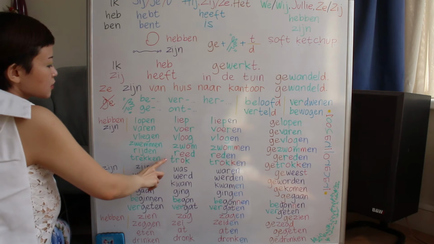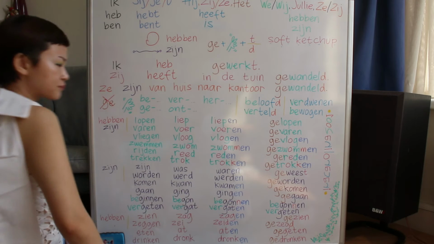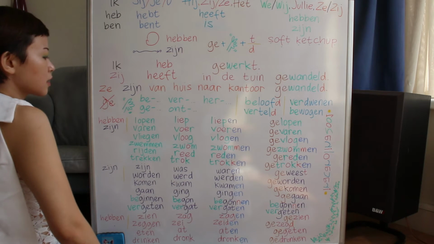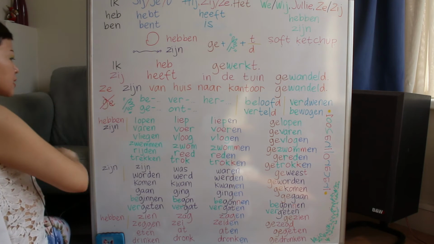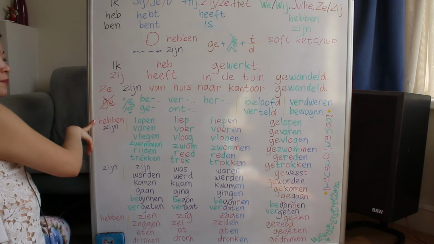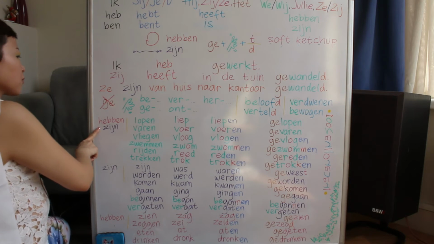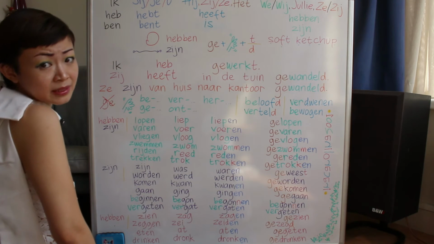Trekken, trok, trokken, getrokken, pulled. It means pulled, getrokken, if you use hebben. But if you use zijn with getrokken, it means traveled.